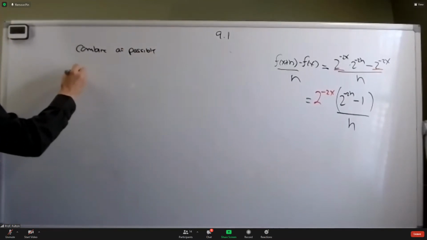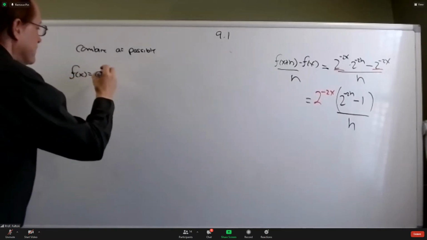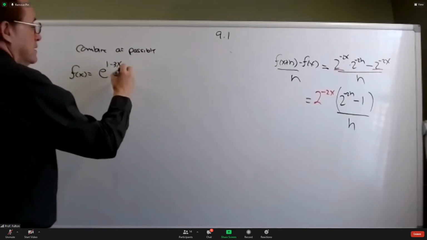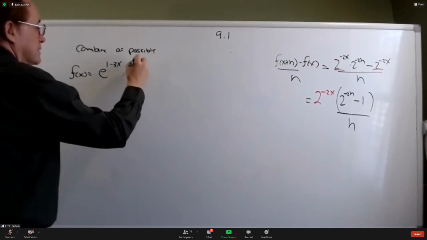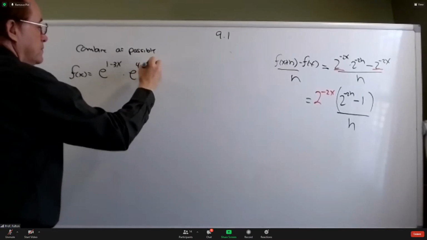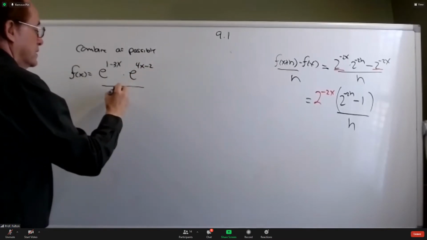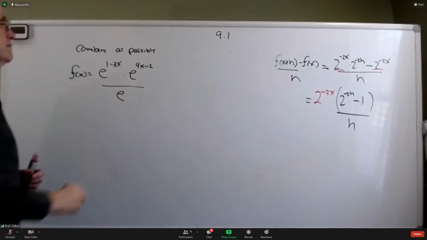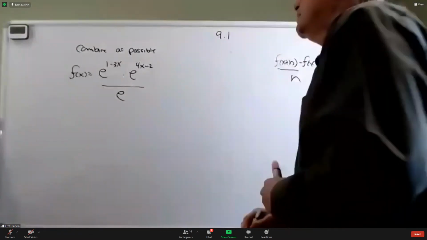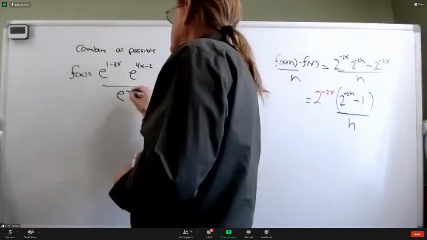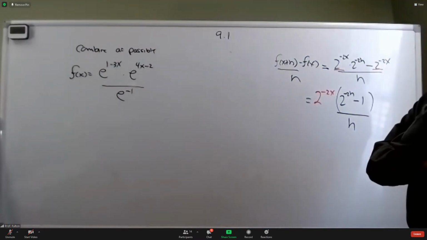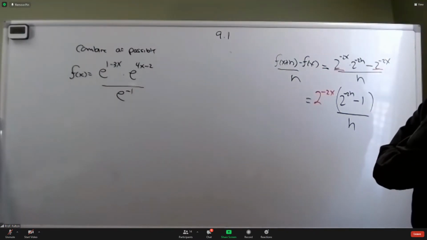Now here's my f of x: e to the 1 minus 3x times e to the 2 all over e. So see if you can shrink that down as much as possible. Make this e to the minus 1.